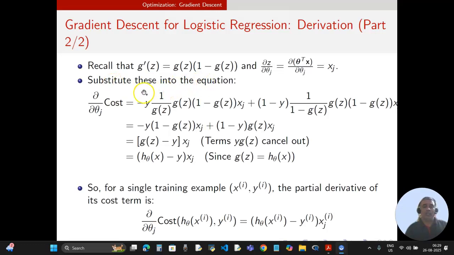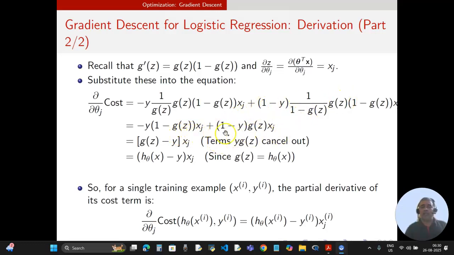So if you substitute all, we are going to get minus y into 1 by g of z. Here g dash of z we substituted g of z into 1 minus g of z, and assume that g of z is not 0. Then we can cancel out these two terms, and we get minus y into 1 minus g of z into xj.